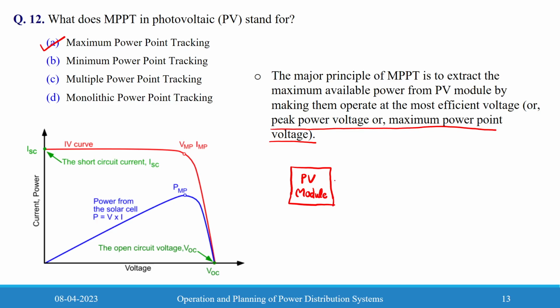At the output of this PV module, suppose this is VPV, and let us take a DC-DC converter plus control.